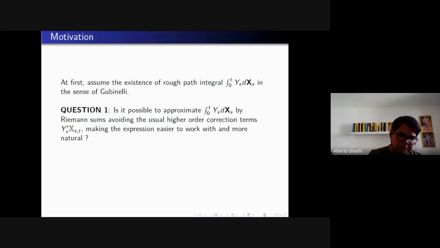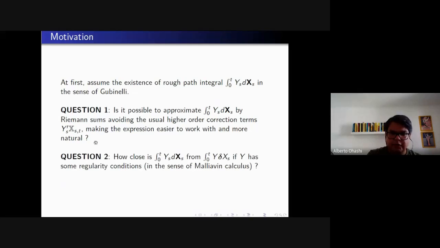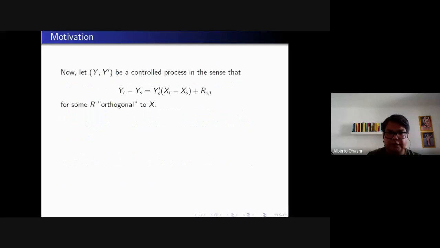Or more precisely, we want to avoid the usual high order correction term, which comes from the Levy area on this double X here. So question 2 is: how close is the rough path integral to the Skorohod integral if Y has some regularity condition in the sense of Malliavin calculus? Okay, so this is the second question that we want to address.